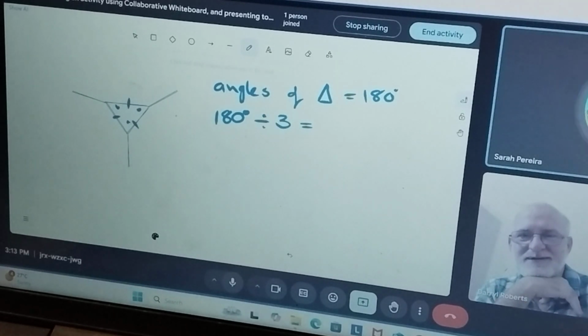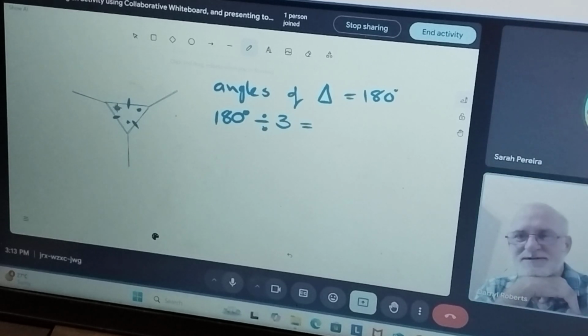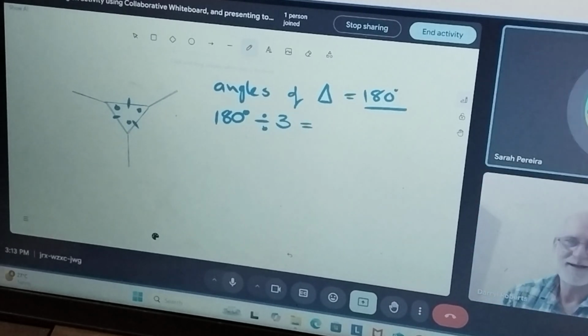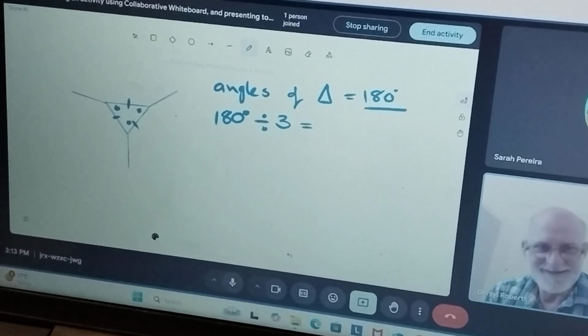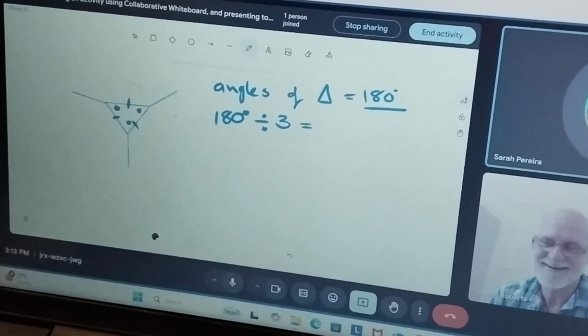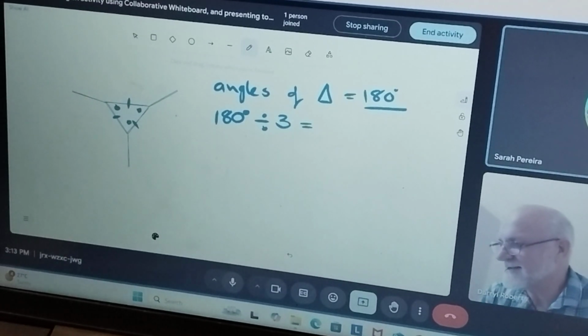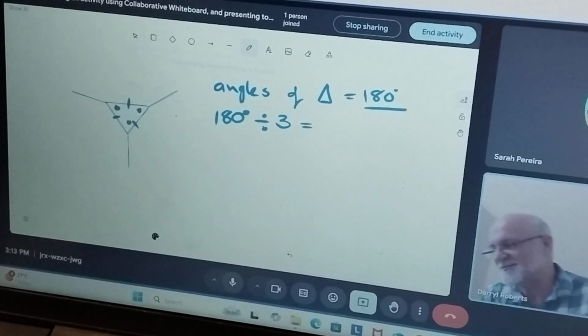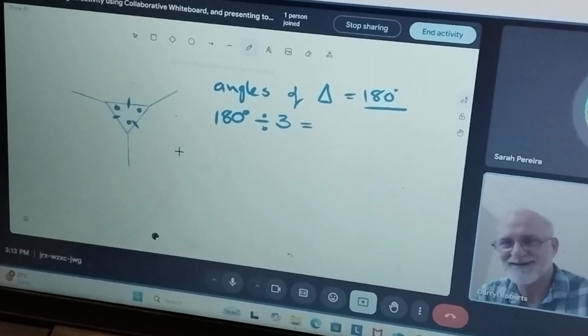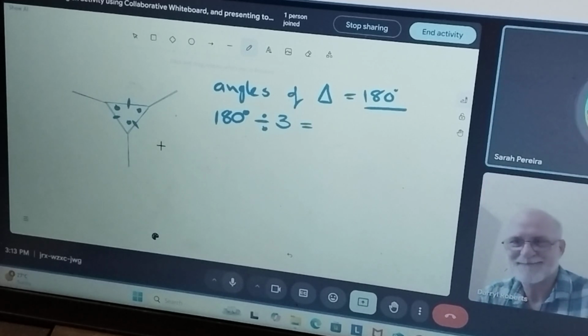Why are you timesing it by 3? Because you said 3. Yes, there's 3 angles in a triangle. They all add up to 180 degrees. How much is each angle? Are you saying divide by 3? Ah, yes. I thought you said times. I didn't say times or divide. I asked you what to do. You're supposed to be helping me here. Divided by 3. 60. 60 degrees.